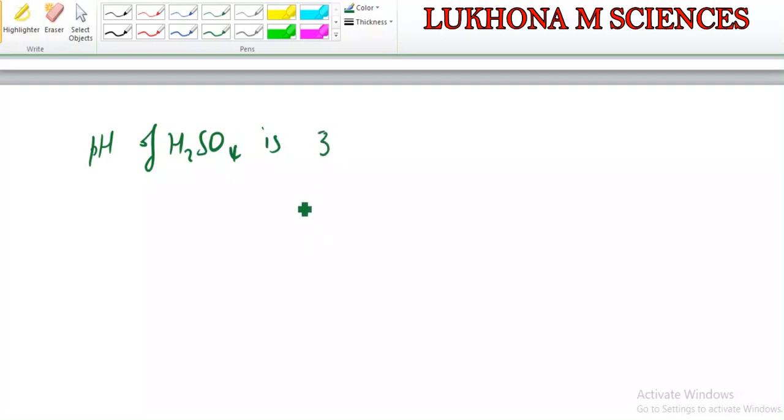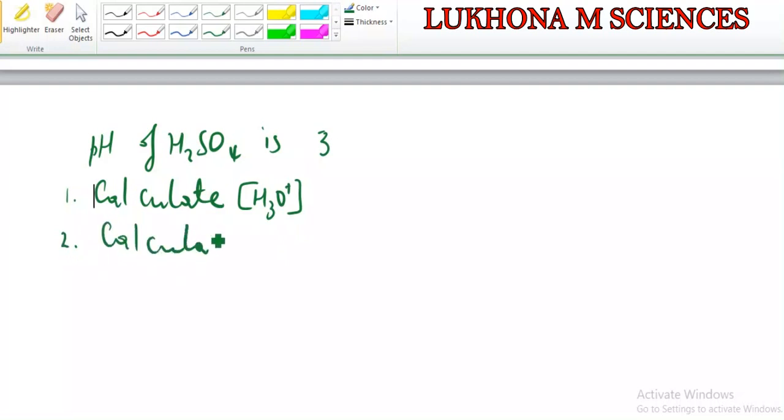It is given that the pH of sulfuric acid is 3. Then the question says number 1, calculate the concentration of H3O plus. Then number 2, calculate the concentration of sulfuric acid.